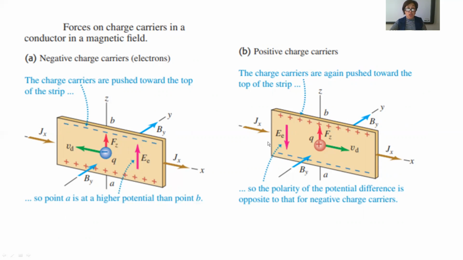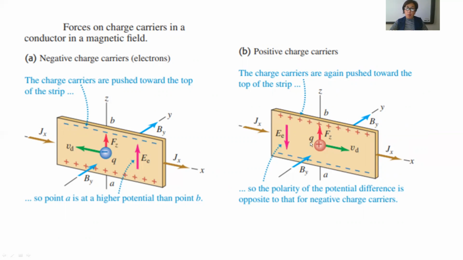Now consider positive charge carriers. We know the direction of the electrical field is from plus to minus. Here this is the positive charge, and this is the negative charge. The charge carriers are again pushed toward the top of the strip, and this is the direction of the electrical field.